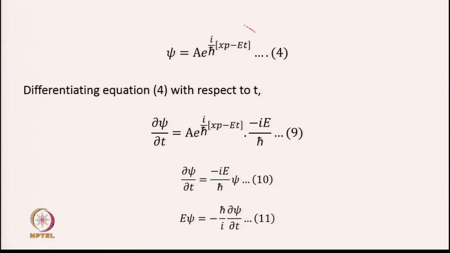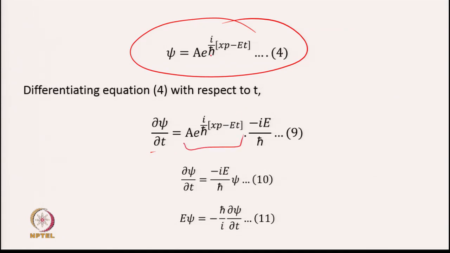This wave function, we have already discussed how it is given. Now if I differentiate this with respect to time, what I get is this whole expression multiplied by, now you see you have to differentiate this, so i E divided by h cross.